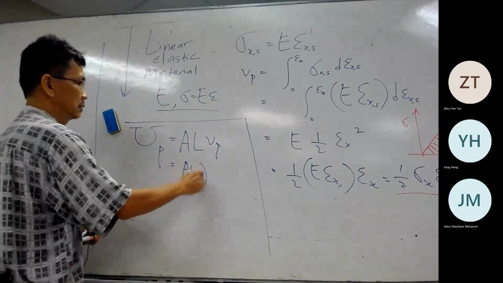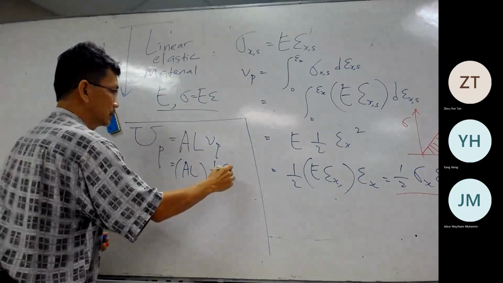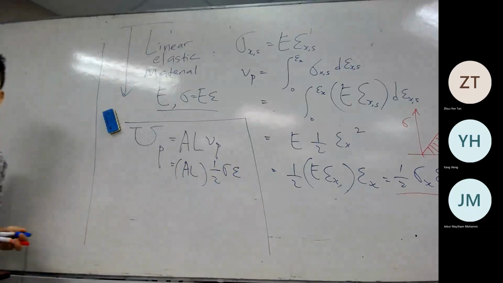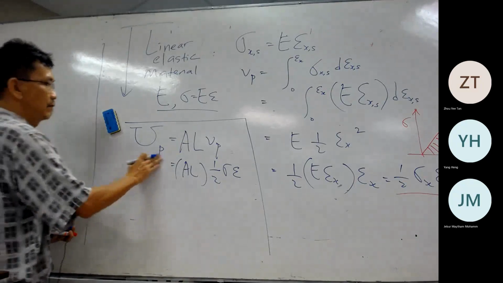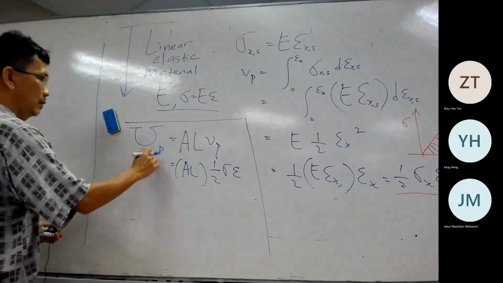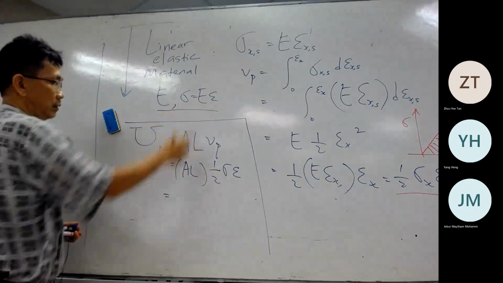So AL multiplied with half sigma epsilon, and sigma is E epsilon x.